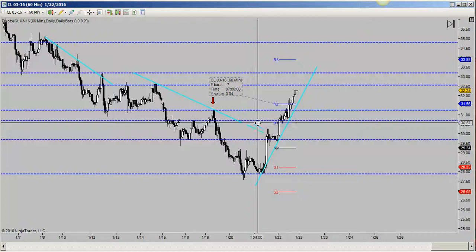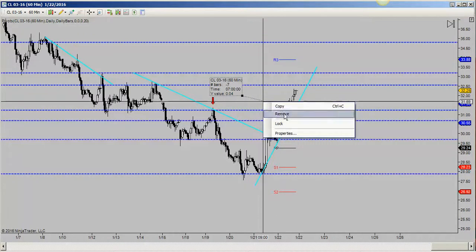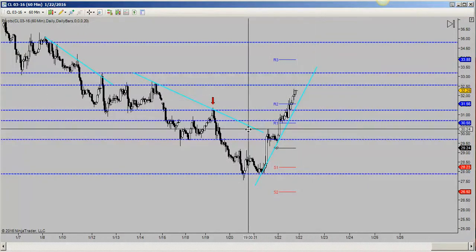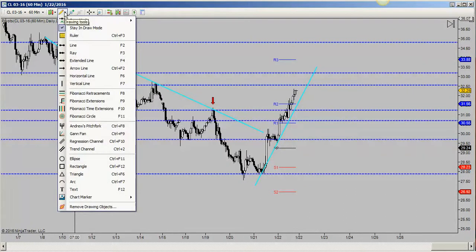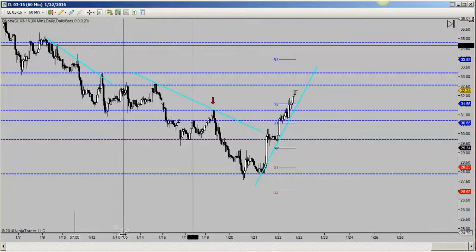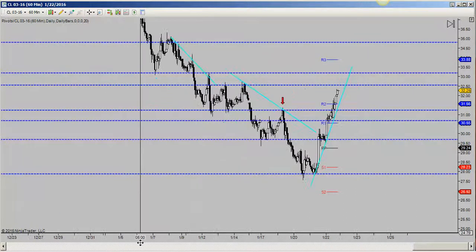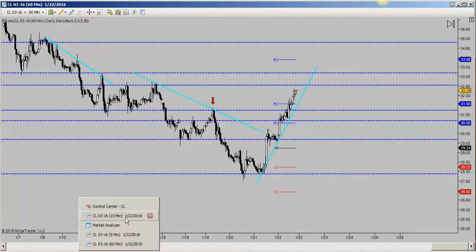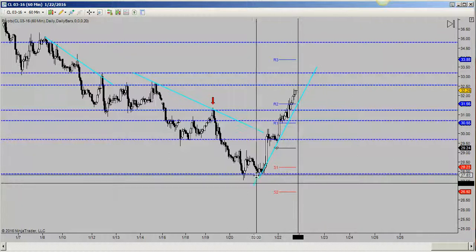So let me show you what this trend here looks like on a 5-minute, on a 15-minute chart. So we completed the steps of identifying the trends on the 60 minute. Now we're going to go down to a lower time frame and see if we can look at some of the possible entries in this trend, this up move.